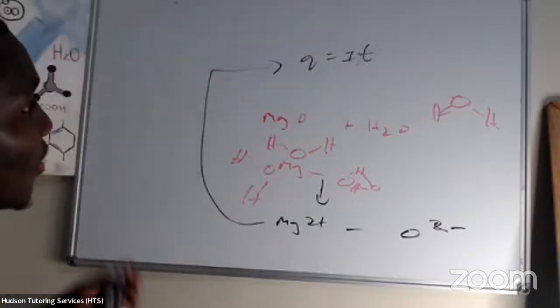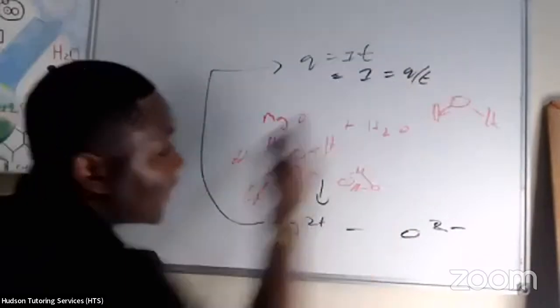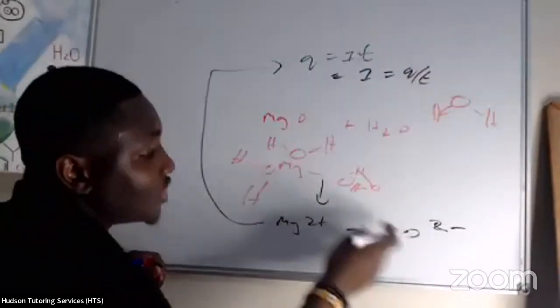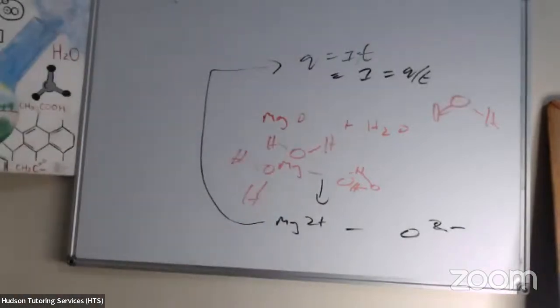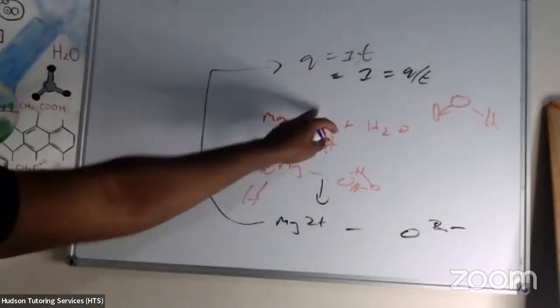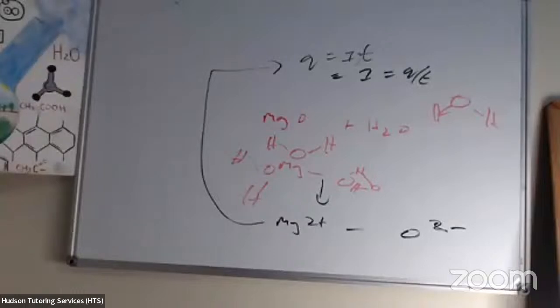Q equals IT, we have charges, I therefore is equal to Q over T. It's now the flow of charge over a unit time, and hence we would have current. What I just did was use physics to prove chemistry. Everybody follow it? So ionic compounds will conduct electricity in molten or aqueous state. Let me know if we're all following.